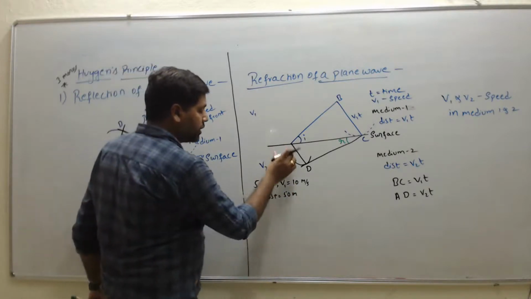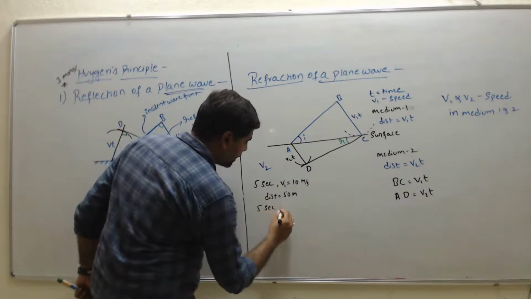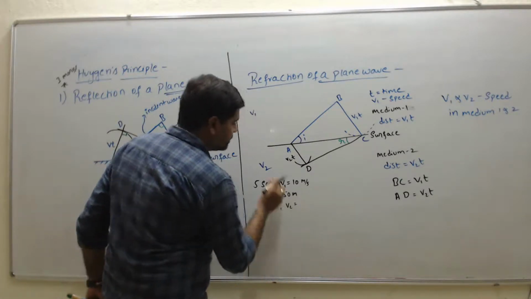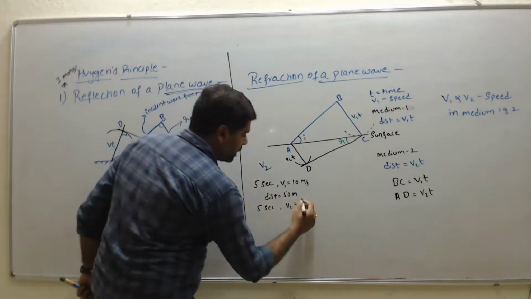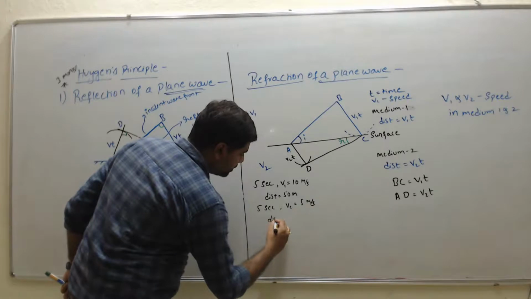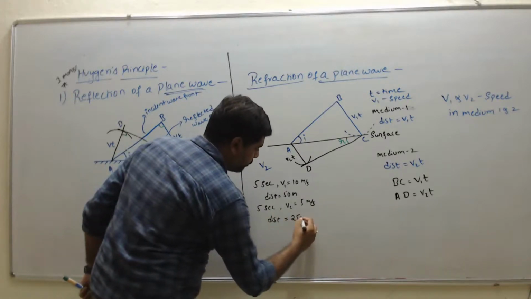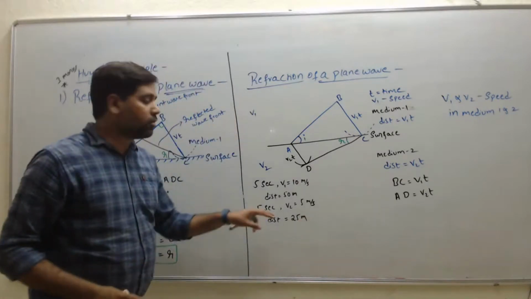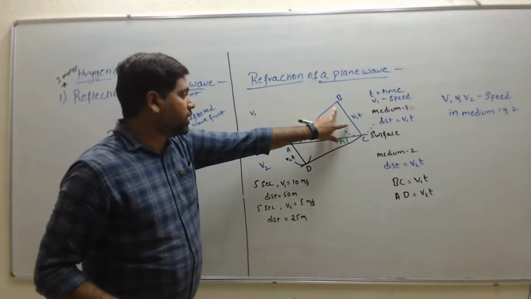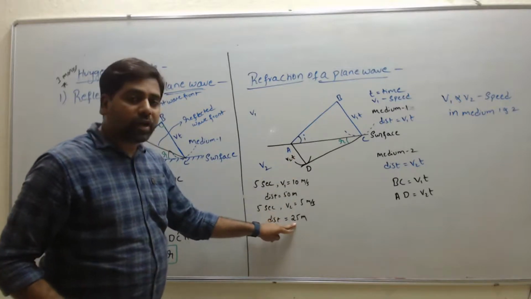Then, if the time is the same, 5 seconds, and the velocity is less in medium 2, say 5 meters per second, then the distance traveled in the second medium is 5 into 5, that is 25 meters. So the distance BC, 50 meters, is greater than the distance AD, 25 meters.